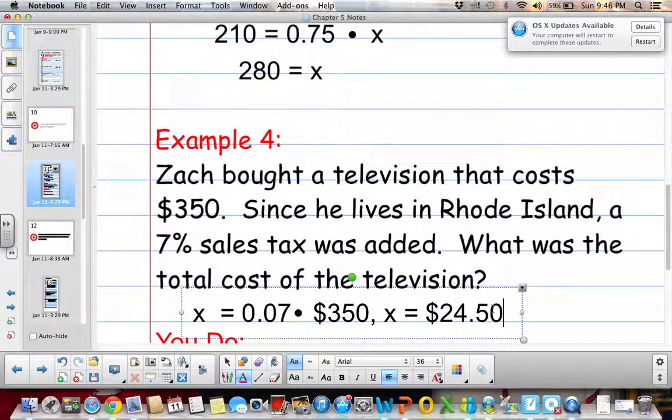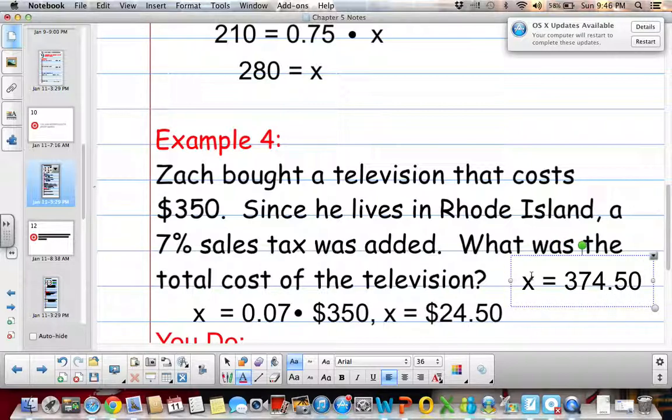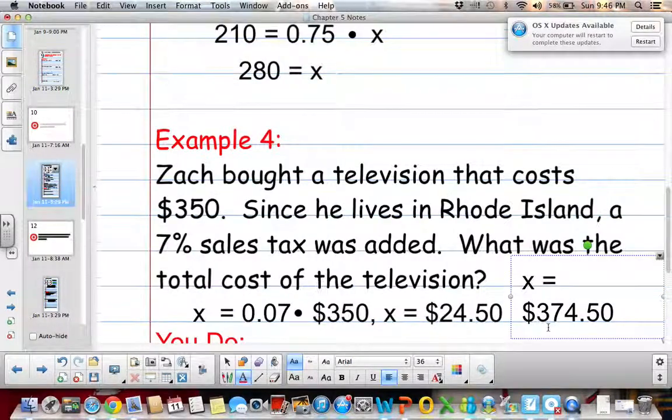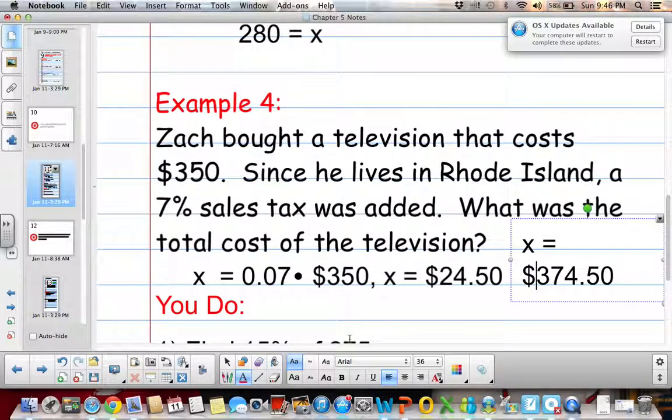So if there's $24.50 tax, then we have to add that to 350, because tax is a percent of the item and then it's added on. So we go 350 plus 24.5, and we have 374.50. So the cost of the television was actually $374.50.